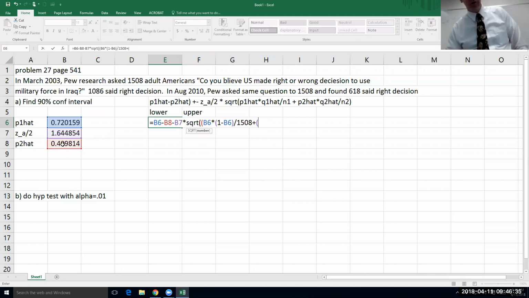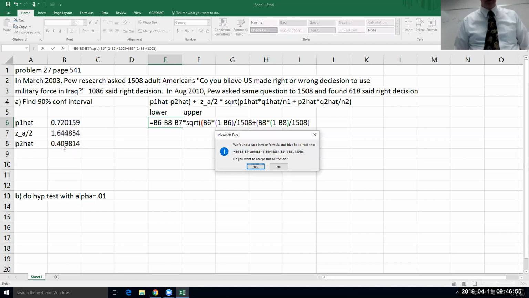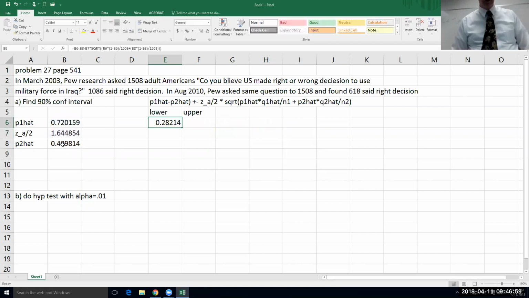Parentheses, that's what I'm looking for. Now, when you do it all in one thing, this is a really great place to screw it up without knowing what you did. But that times 1 minus that divided by 1508. And hopefully I typed it right. I hope so.